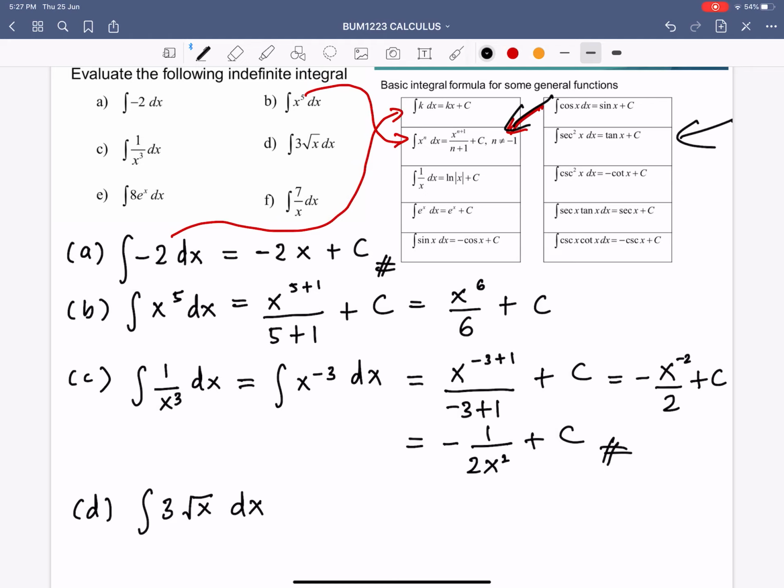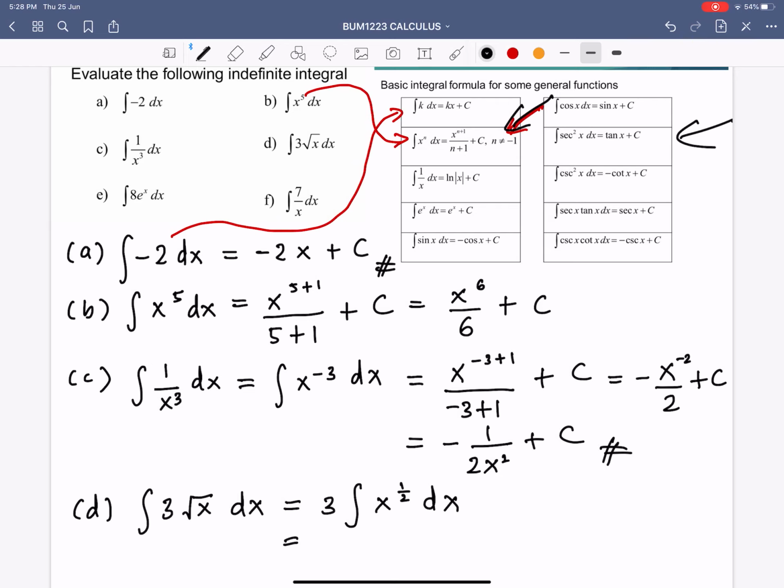We have to rewrite this in the form of one of these given formulas. So we can factor out the constant 3, so 3 times square root x. Square root x can be rewritten as x power of 1 over 2, dx. We have not yet integrated it. We just rewrite the original integral in another form.